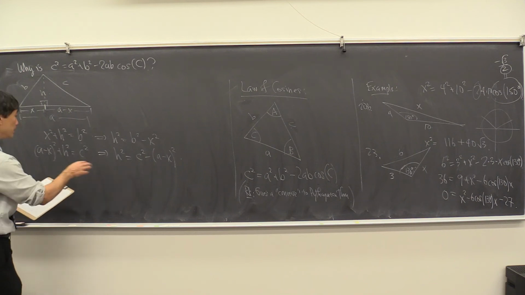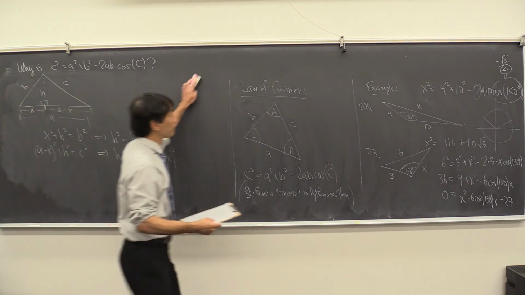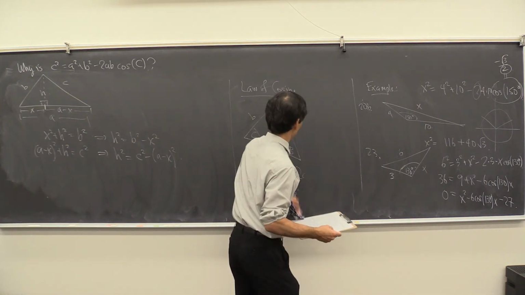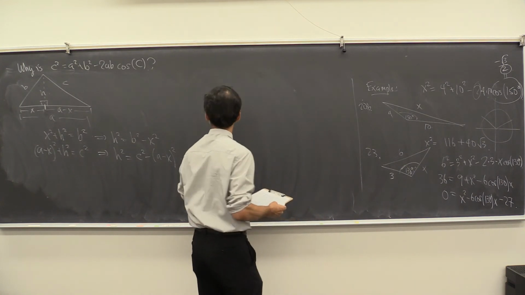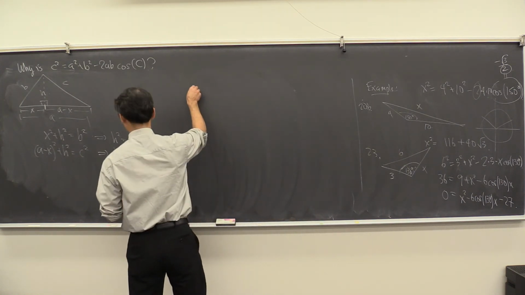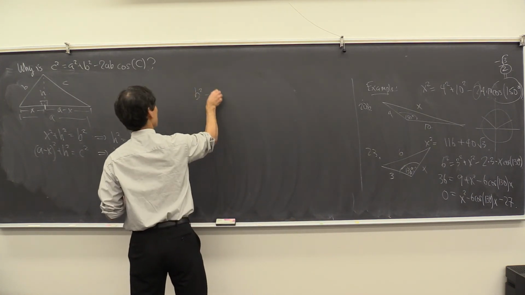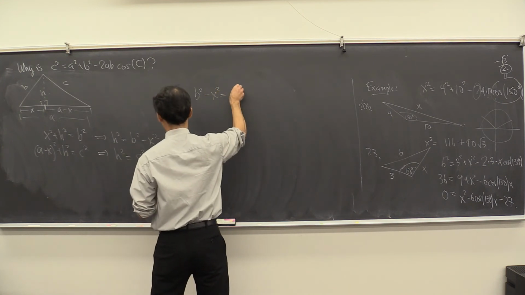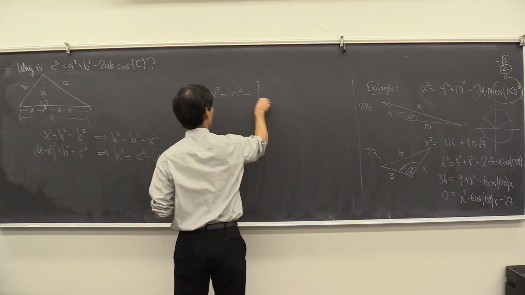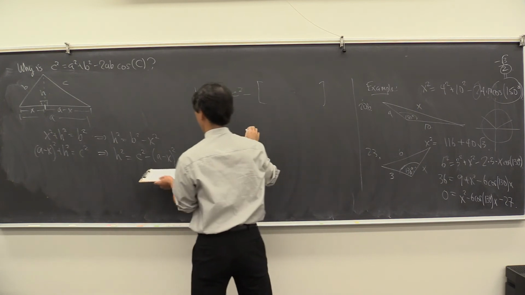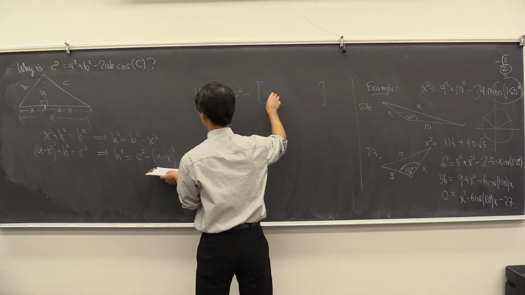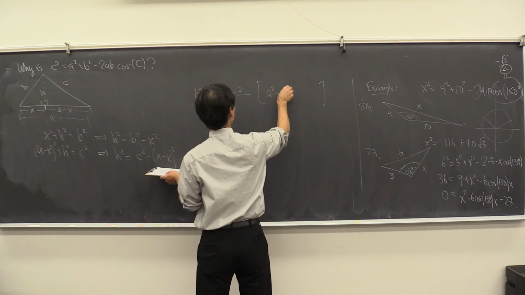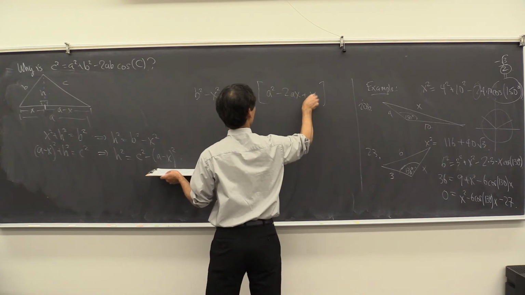Okay, so let's set those things equal to each other. b squared minus x squared equals c squared minus that thing squared. Well, that's a squared minus 2ax plus x squared.